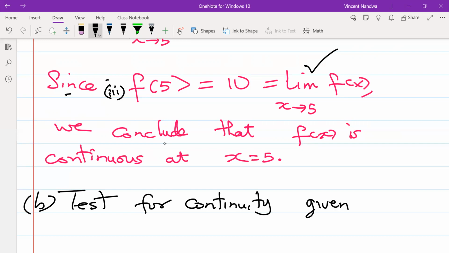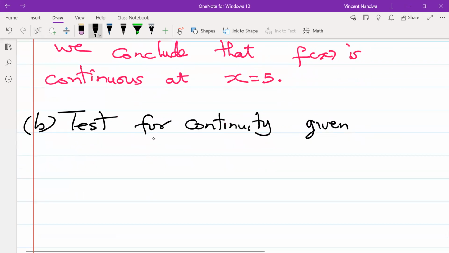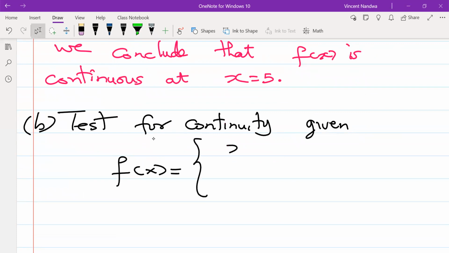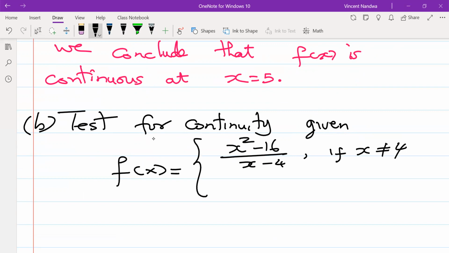Given f of x is given by x squared minus 16 over x minus 4 if x is not equal to 4, and 10 if x equals 4. Okay, we can change this to be a different number, because people will think that it was 10.